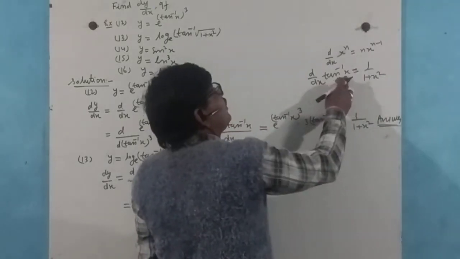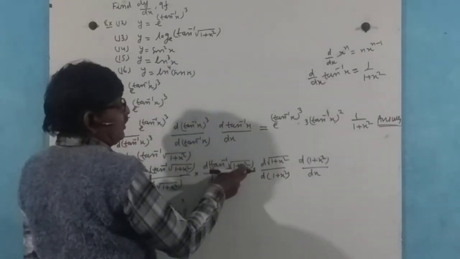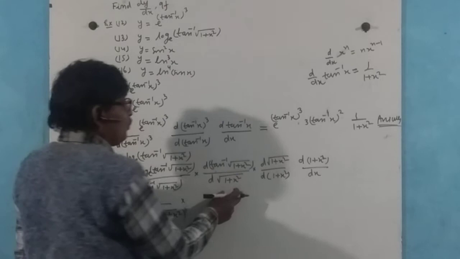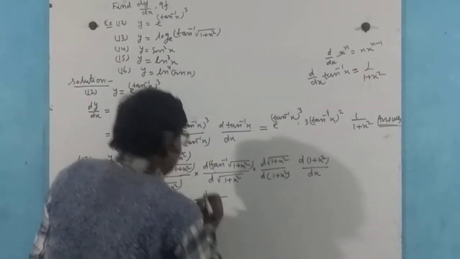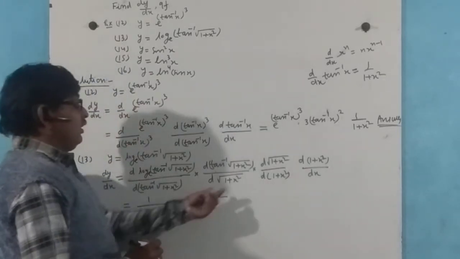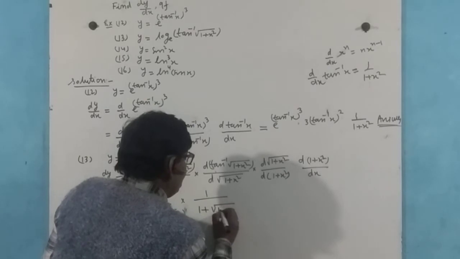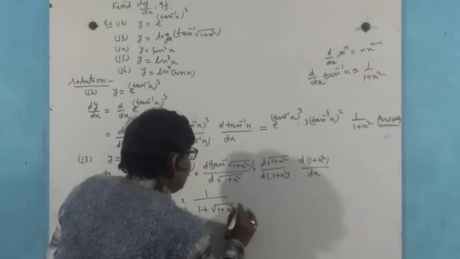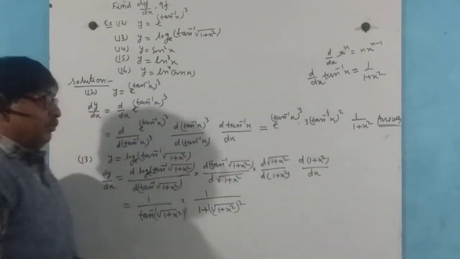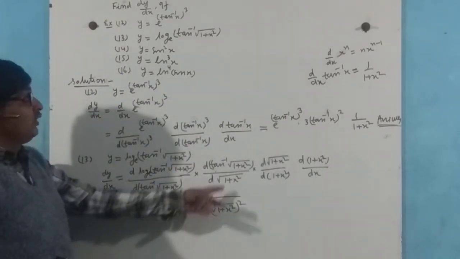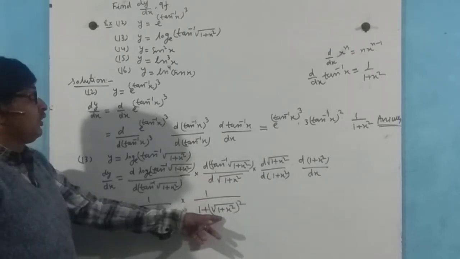Differentiation of this with respect to x is equal to this, so that differentiation of tan inverse this with respect to this is equal to 1 by 1 plus x square. Here x means this, under root 1 plus x square whole square, 1 by 1 plus x square, and x is equal to under root 1 plus x square whole square, 1 plus this.